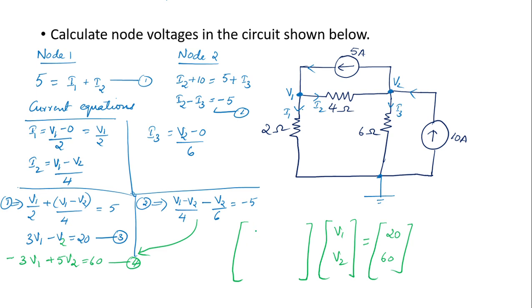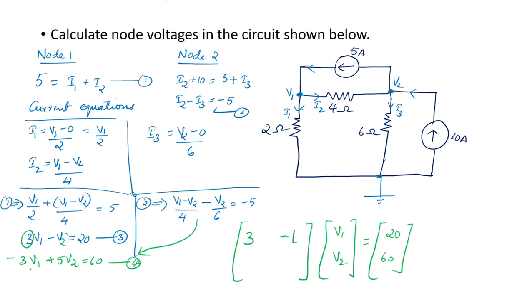So the first term is going to be the first coefficient of V1. Here I can write the coefficient of V1 is 3. Now the next coefficient, that of V2, will be minus 1.